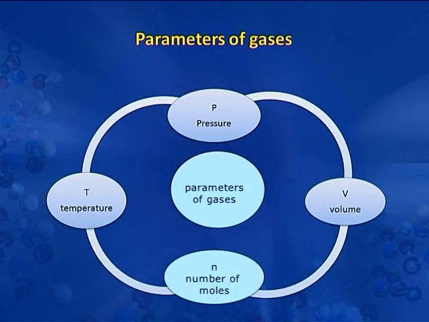As you can see in this slide, these parameters are pressure, volume, number of moles and temperature. These parameters are interrelated. If we have information about two parameters, we can easily describe the others, because they are interrelated.